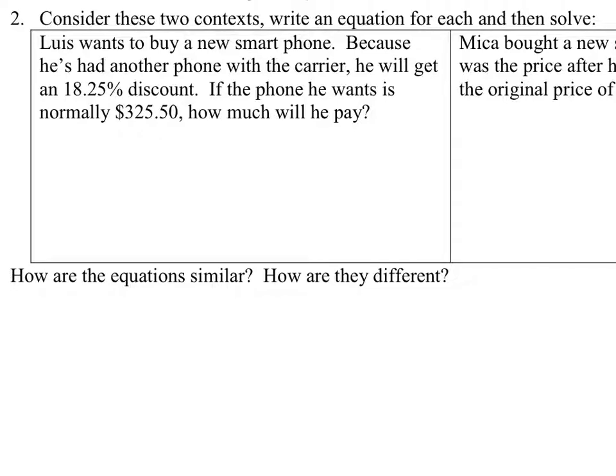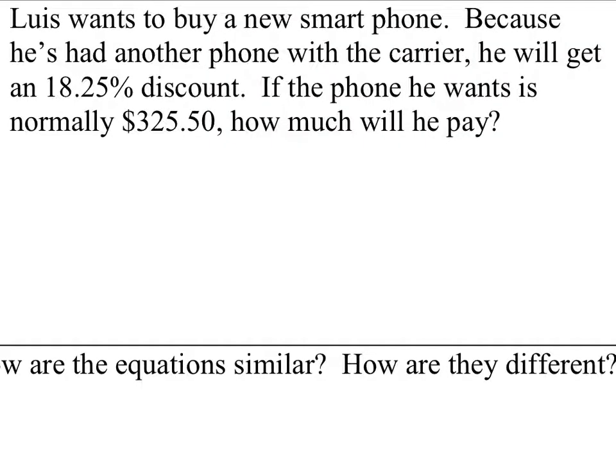All right, consider these two contexts, then we'll write an equation for each and then solve. Louis wants to buy a new smartphone because he's had another phone with the carrier. He will get an 18.25% discount. If the phone he wants is normally $325.50, how much will he pay? All right, so let's set up this proportion.